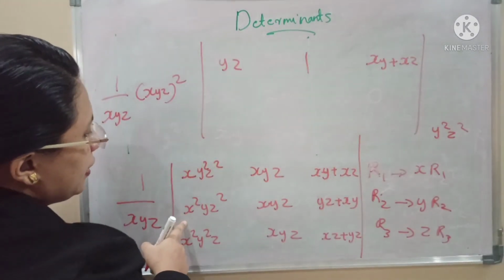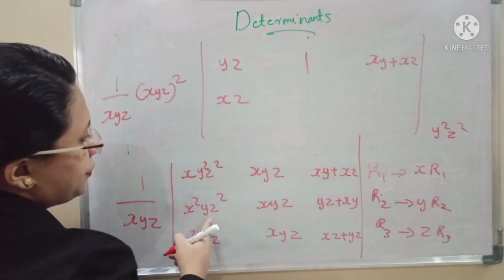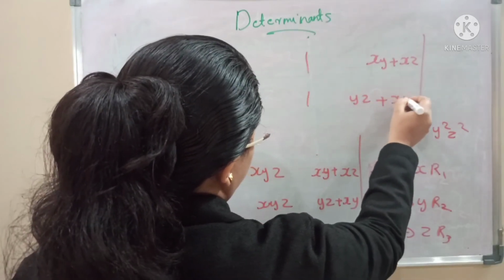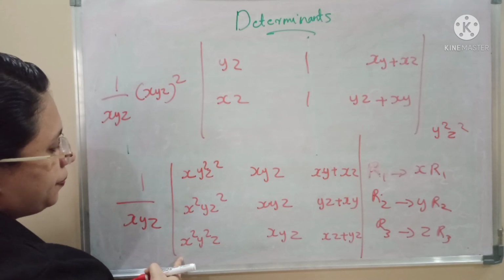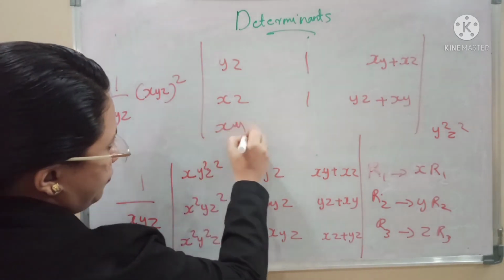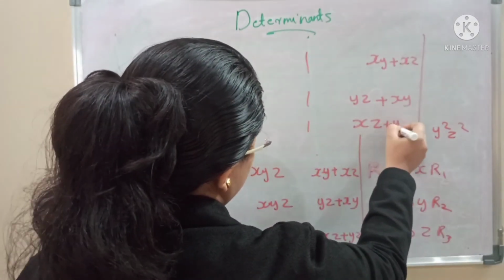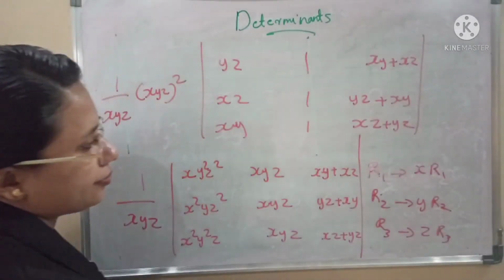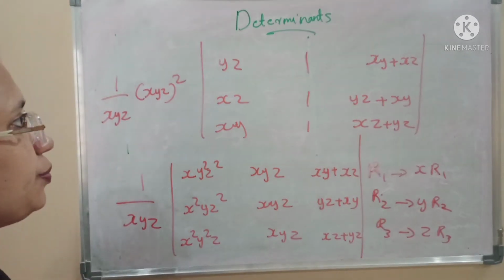Here xyz, if it is removed, this will be xz, this will be 1, this can be yz plus xy. Now here it will be xy, this is 1, this will be z, xz plus yz. Okay, I hope it is clear for you.